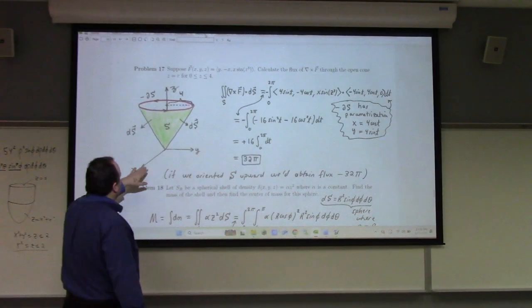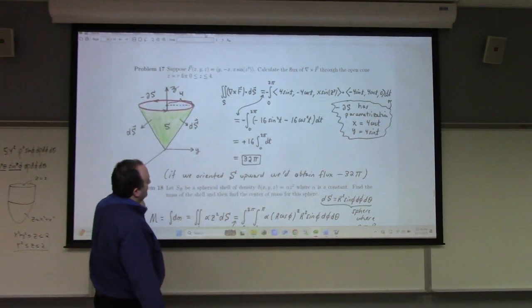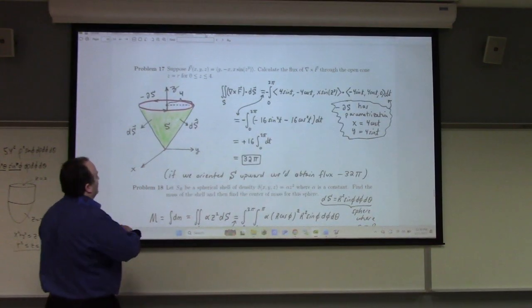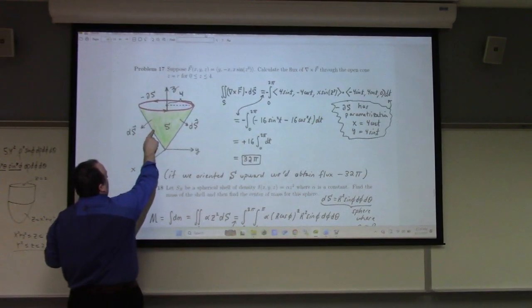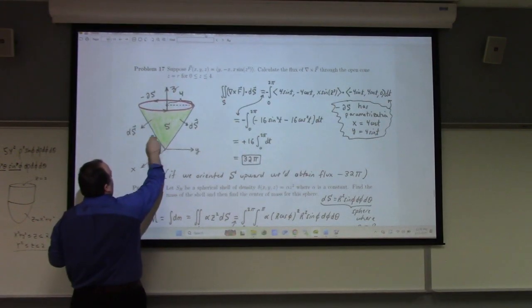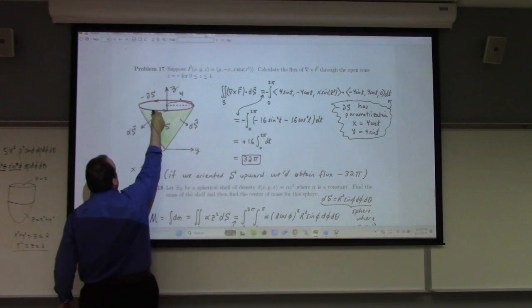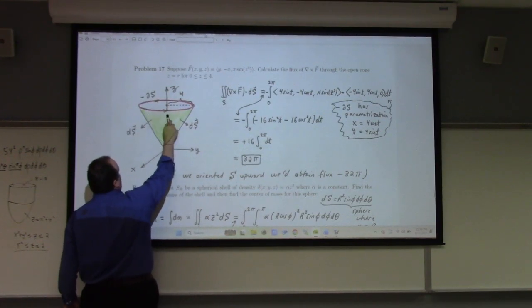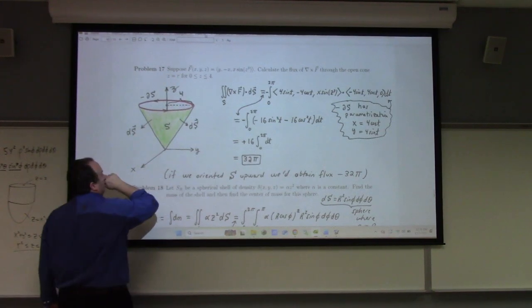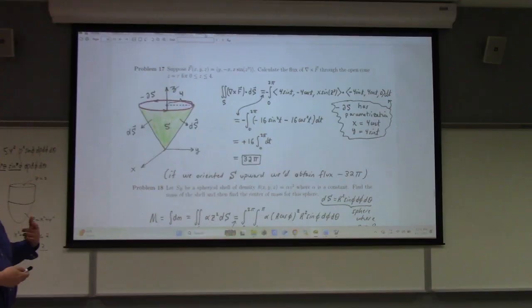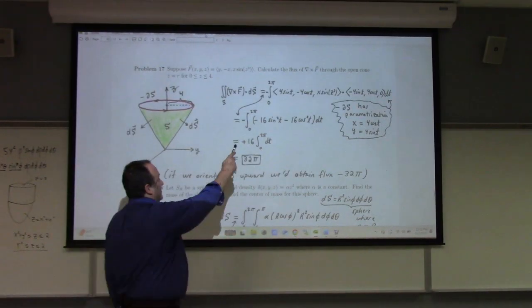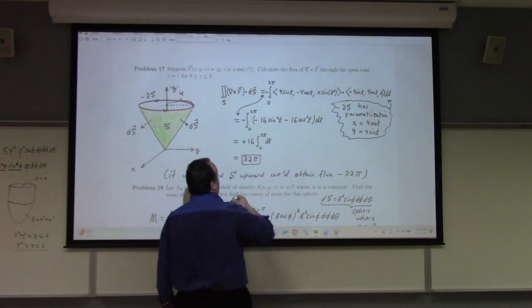The edge of the open cone is just the top rim. If you're a little dude walking along here and you want the surface on your left, you have to walk this way, which means the pictured curve with the arrows is minus the positively oriented boundary of S. So that minus appears here because Stokes' theorem requires a positively oriented boundary.